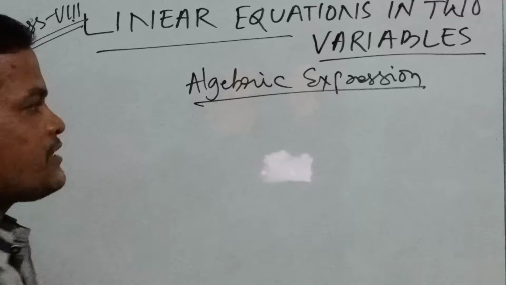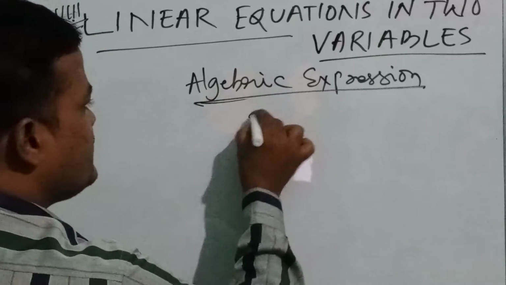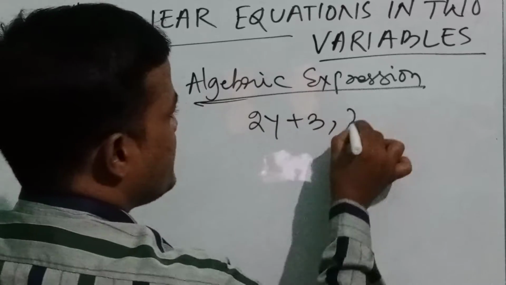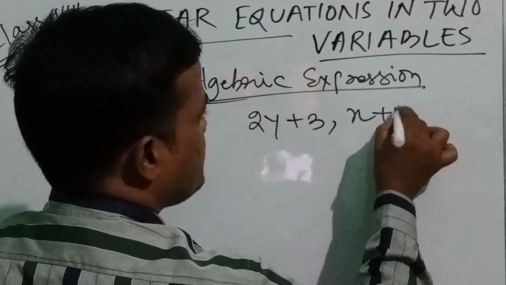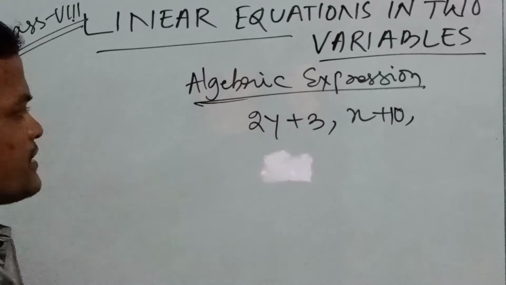In an algebraic expression, we just write expressions like 2y plus 3, x plus 10. These are called algebraic expressions.